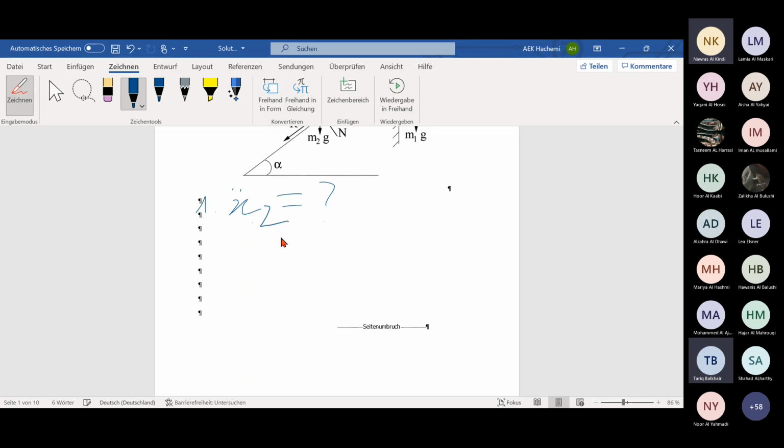In this case, we know that if we now use Newton's law, the equation is the sum of the forces Fi equal to the mass mi multiplied by the acceleration.